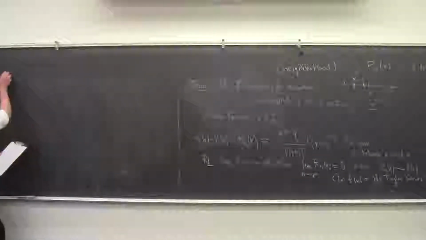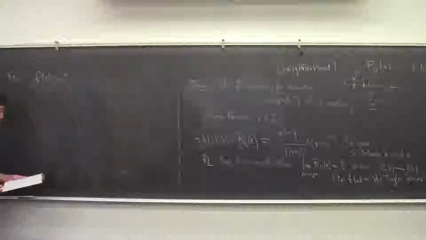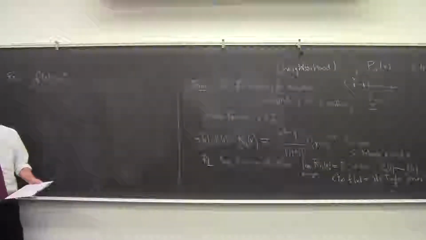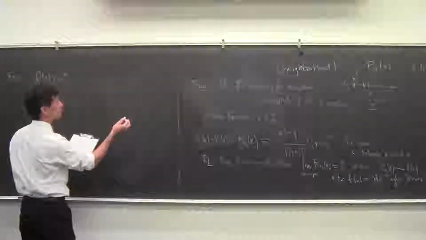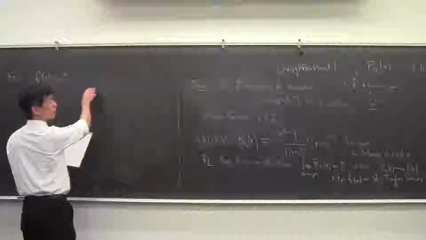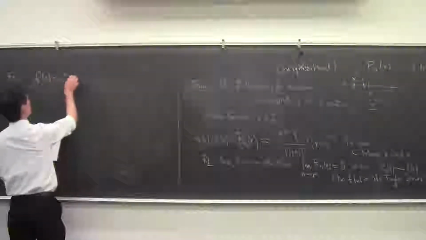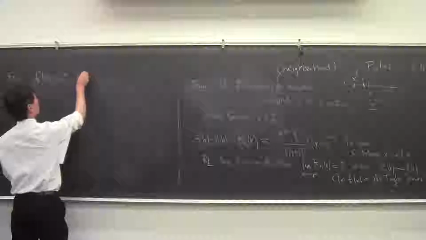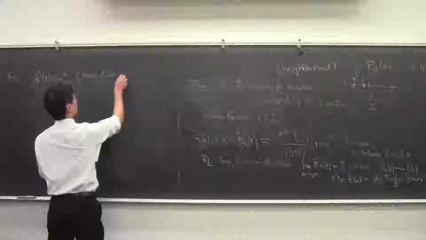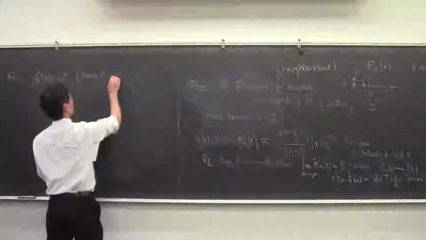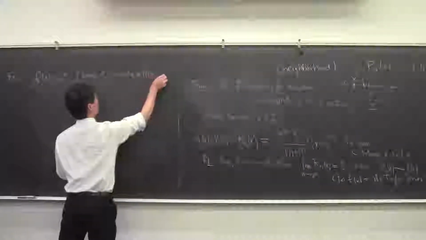So the simplest example is where f of x is e to the x. Notice e to the x is infinitely differentiable on the whole line.